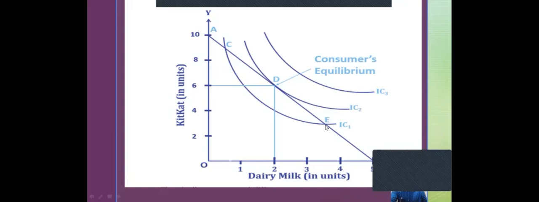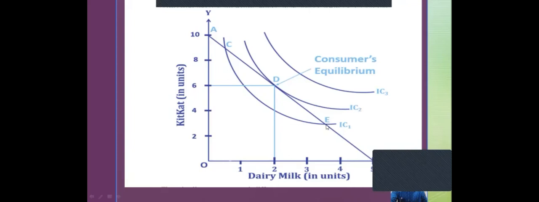And the second condition is that the indifference curve is a lower indifference curve. You see, IC1 is a lower indifference curve, whereas IC2 is a higher indifference curve. So when the consumer is getting higher satisfaction at IC2, why will the consumer stay at IC1? Because you know from the property of indifference curves that a lower indifference curve gives a lower level of satisfaction, and a higher indifference curve gives a higher level of satisfaction.